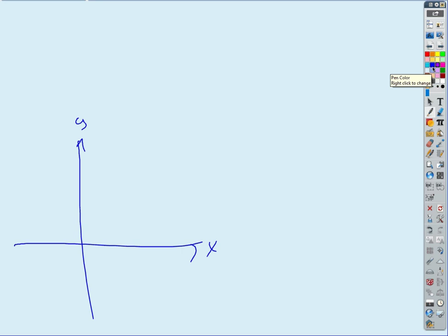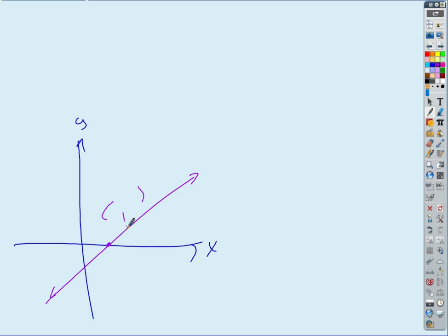If this is the xy plane, and I've got some random line that's crossing through both axes, and I'm trying to find the x-intercept, without knowing anything else, what's one thing you can tell me for sure? What's one coordinate you know for certain? What's that, John? Which one's 0?